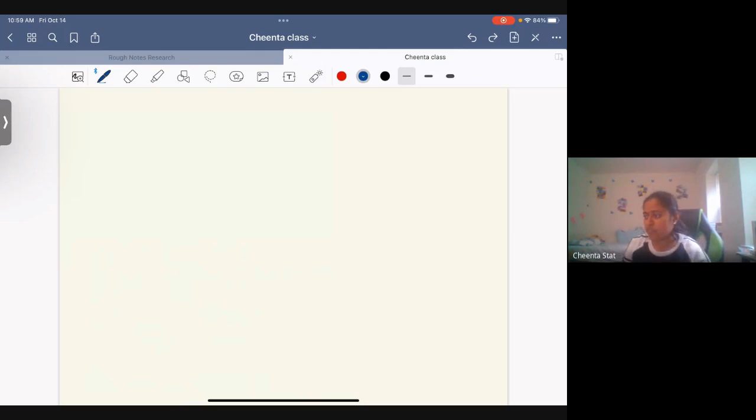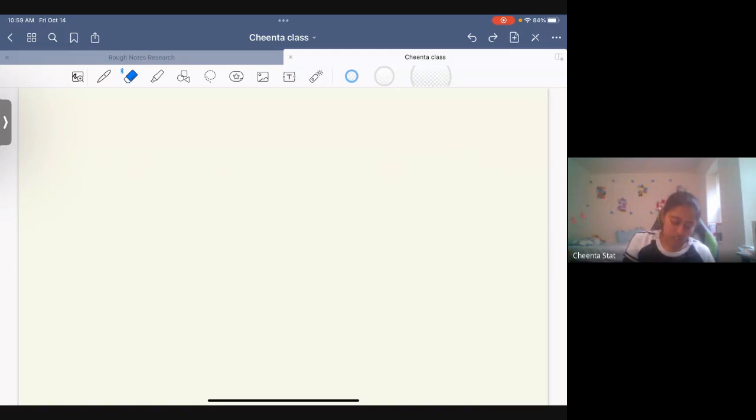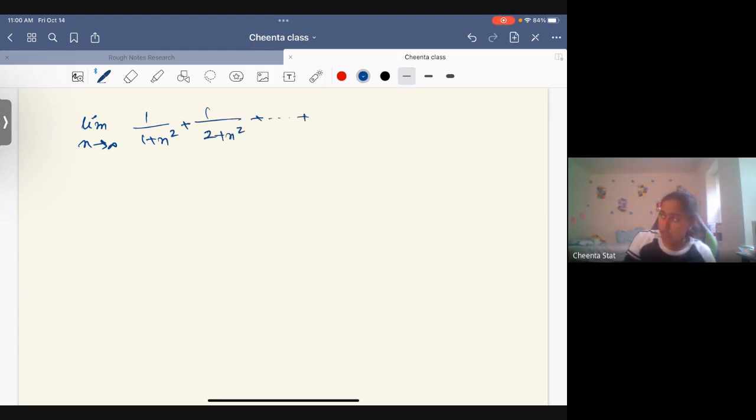So this is actually the limit of a series. We don't have this topic in the CMI exam, but for the sake of the sandwich theorem, I need to mention it. So we need to find the summation: limit n tends to infinity, 1 by 1 plus n squared, plus 1 by 2 plus n squared, plus up to n by n plus n squared.